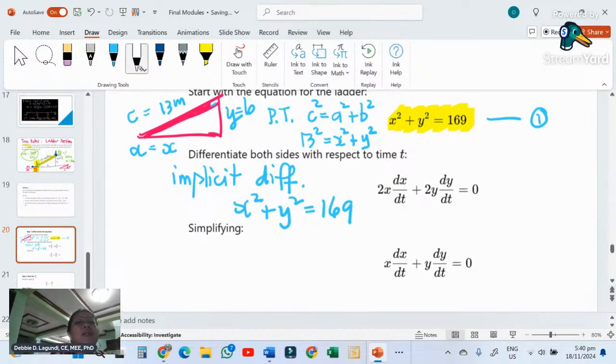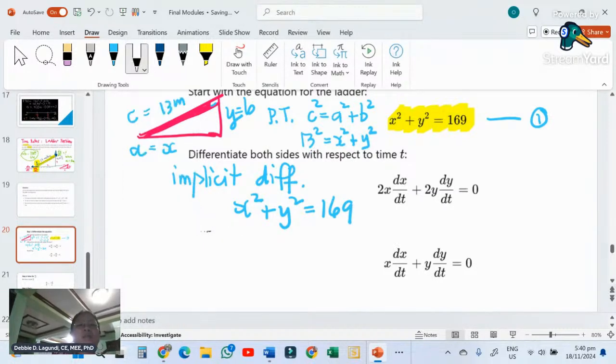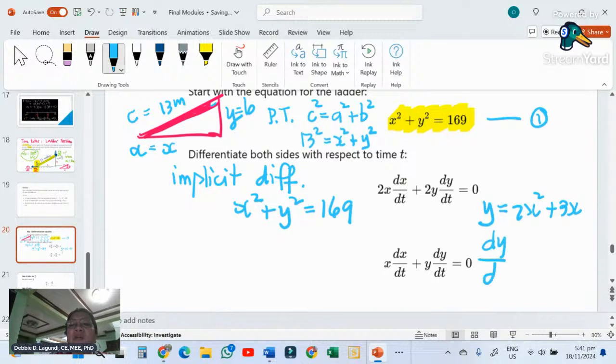Because we don't have y as a function of x, like 2x squared plus 3x and so on, so that we can get dy over dx straight away. What we have is a y inside an equation, and it's not expressed as a single y equals.